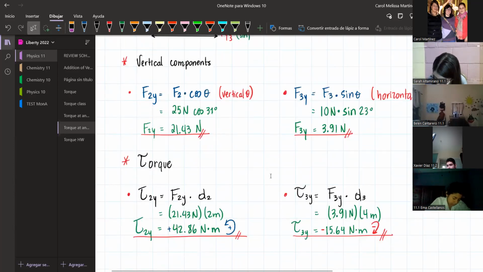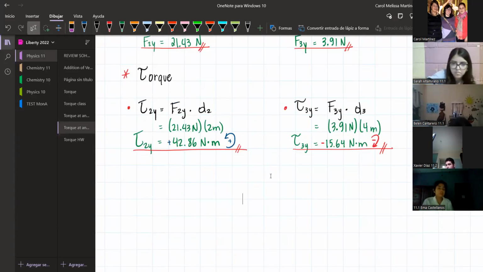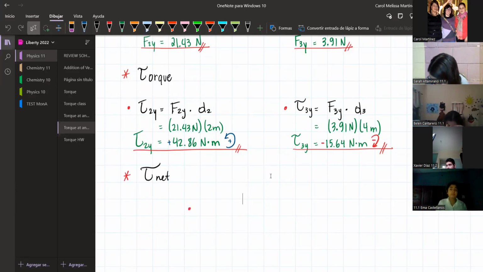Now it looks good. Now, what comes next? It's our net, the net torque. Okay, so the net torque then is gonna be equal to torque 2Y plus torque 3Y.